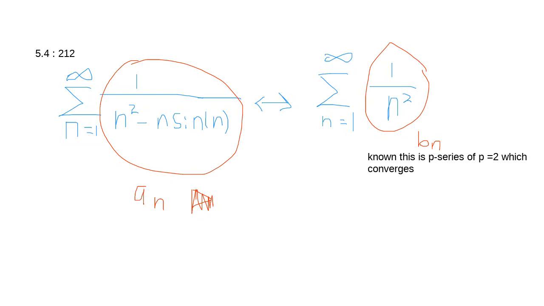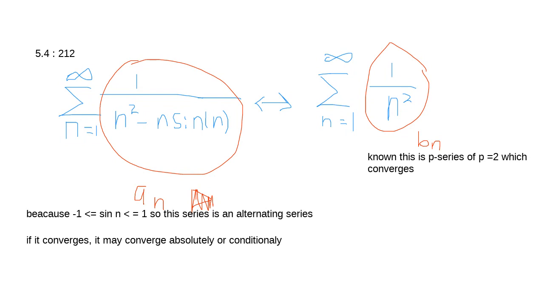So this series is not alternating. Alternating series, if we remember from last class, if it converges, it may converge absolutely or conditionally. Those are things I could think of right away.